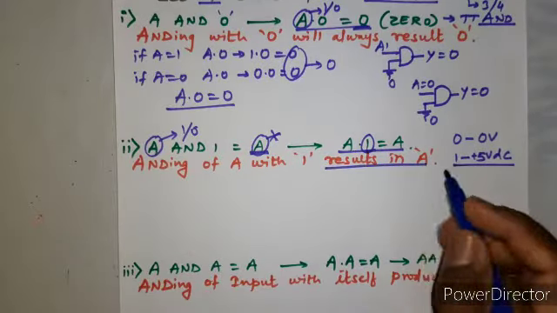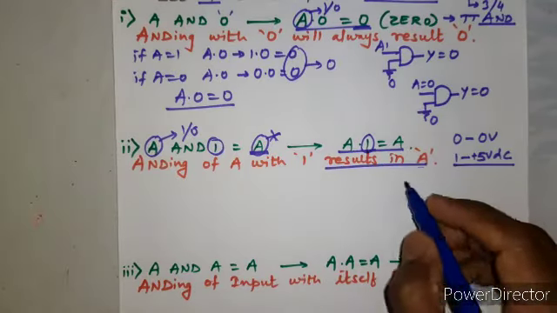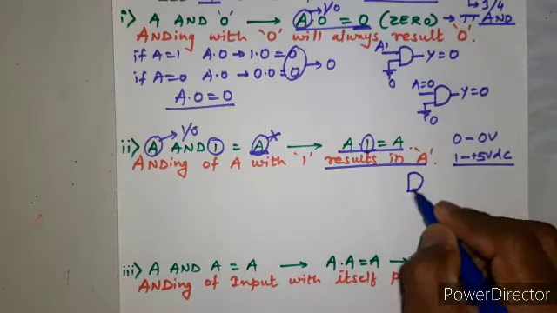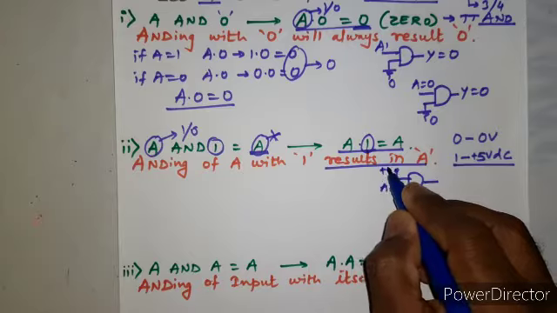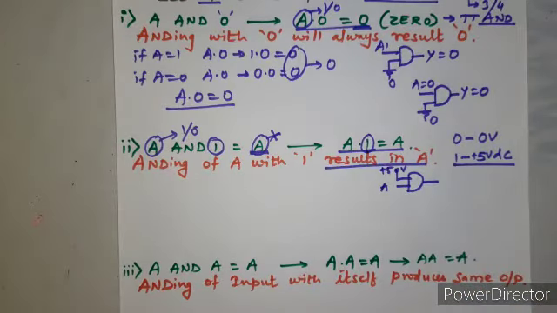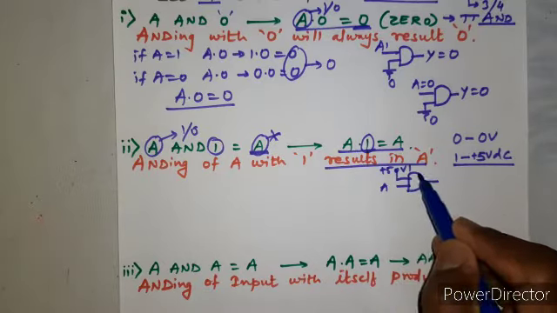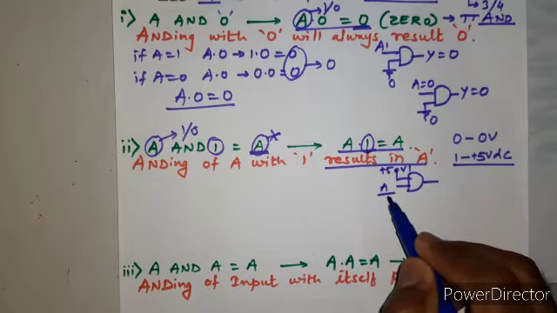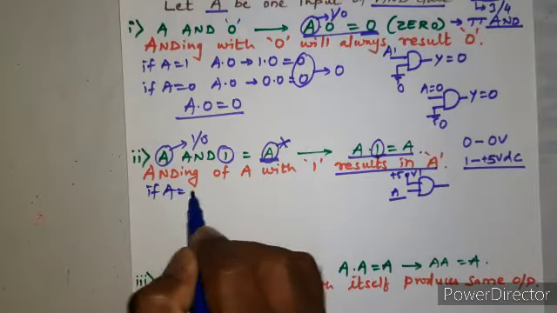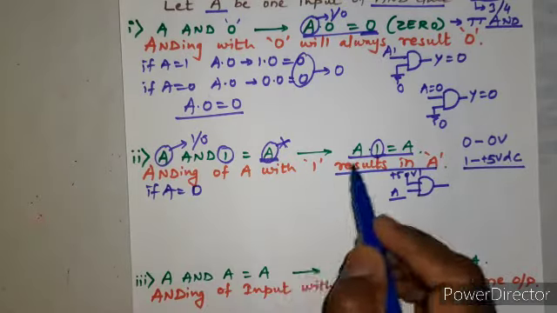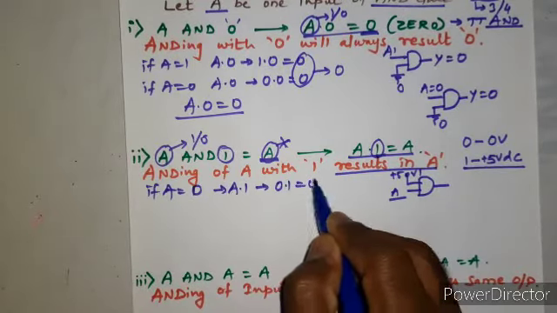Now why I am discussing this is, here one of the inputs is always 1. So in this case you can have this output A, and this is connected to 5 volt, which means this input is always 1, and now we are going to change A to 1 or 0. So let us see, if A equals 0, then this is 1 dot A, which is 1 dot 0, which is 0.